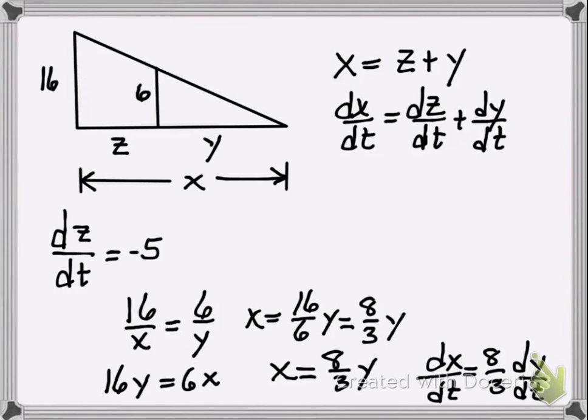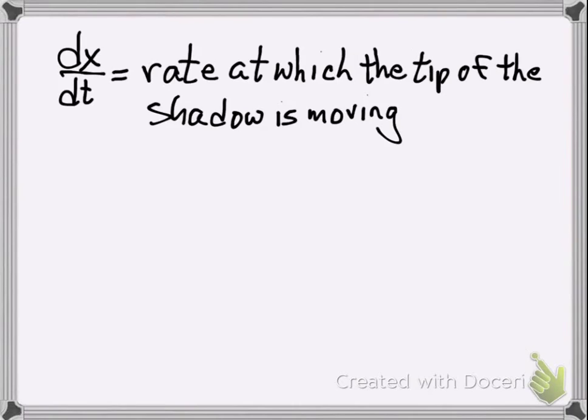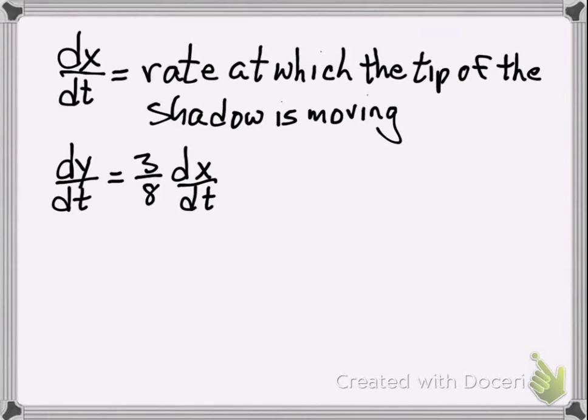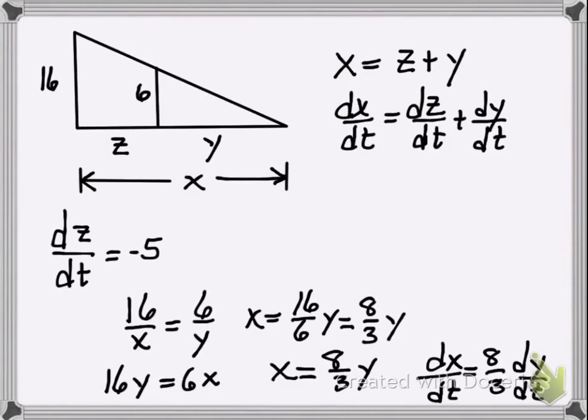If we go back for a moment, we had dx/dt is equal to 8/3 times dy/dt. Another way of looking at that is that dy/dt is equal to 3/8 times dx/dt. And keep in mind that we also know that dz/dt is equal to -5.